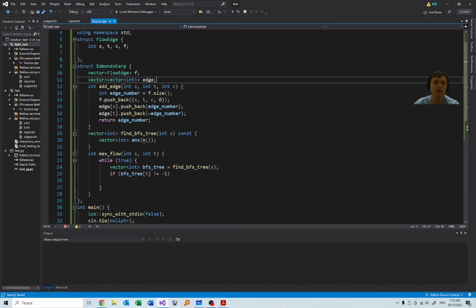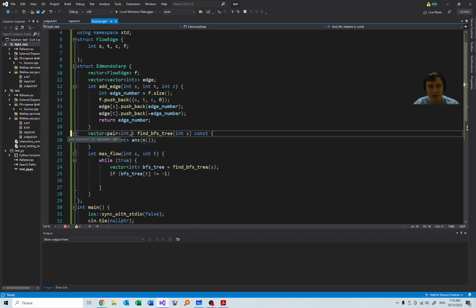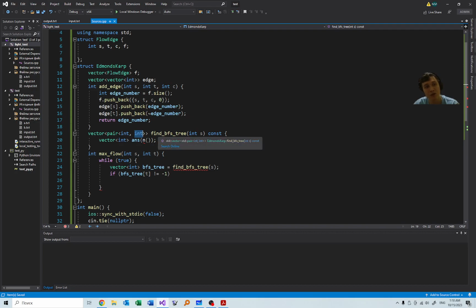Not only do I want to find the BFS tree, I also want to find the edge through which I went. So I need here pair int, and the second int is the number of the edge.